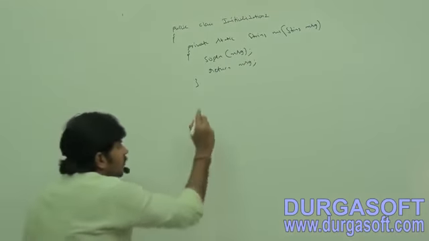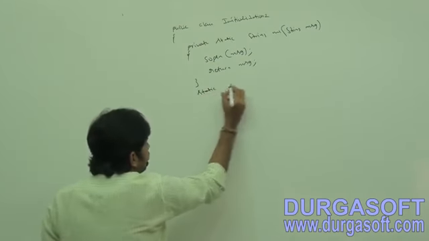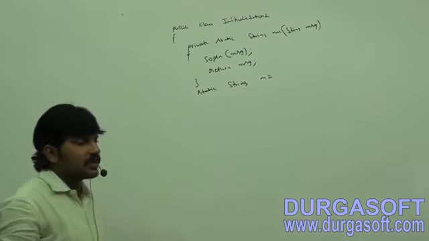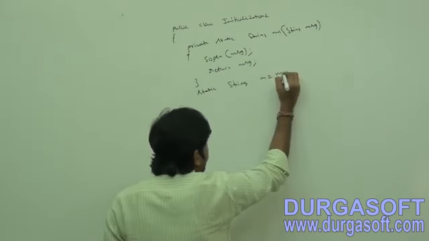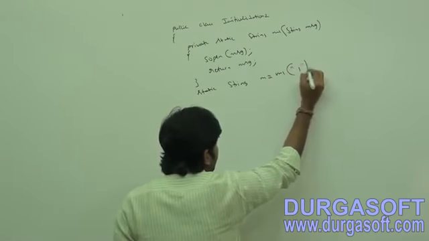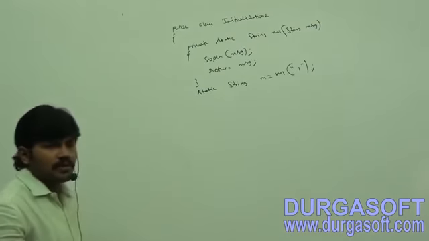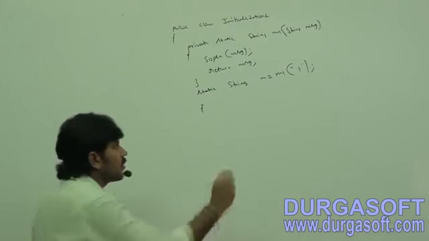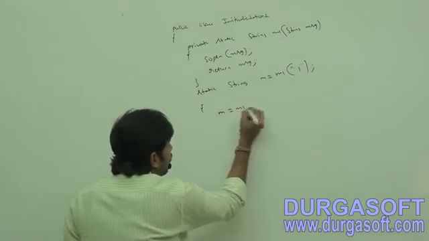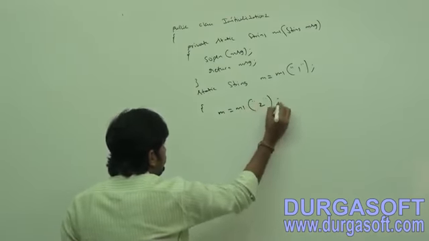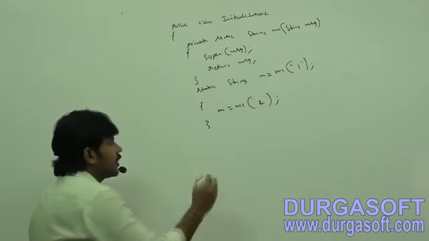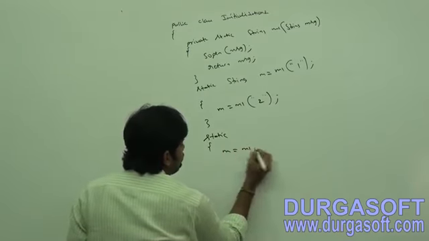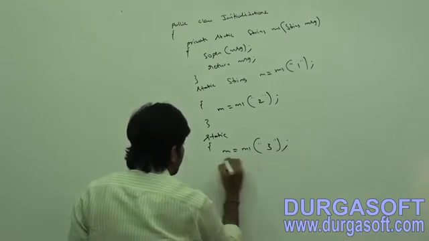And then I am taking one static variable, static string m is equal to m1 of 1. And then the instance block. Can I spell it out? m is equal to m1 of 2. And then the static block, m is equal to m1 of 3.